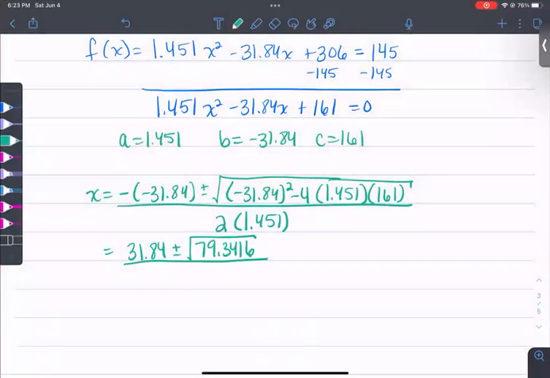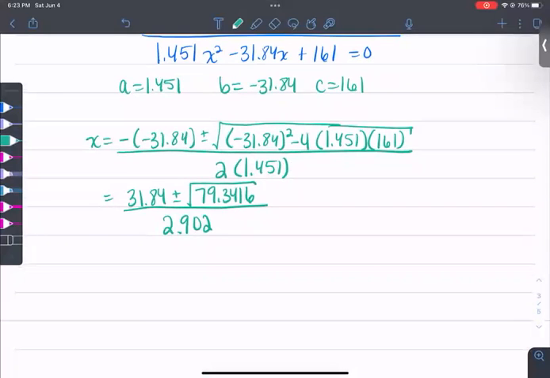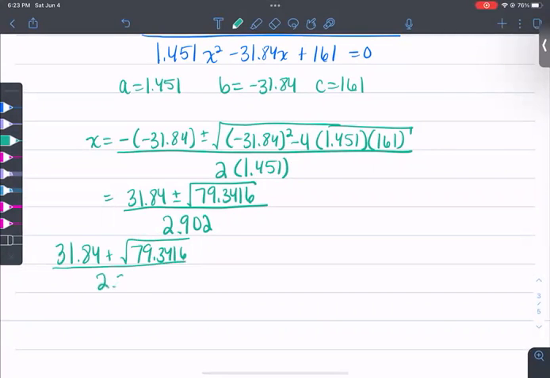And then I also did on the calculator 2 times 1.451 is 2.902. And so then to calculate the 2 solutions that come from that, you need to do the plus and the minus. So 31.84 plus that square root. In my calculator, I got 14.04.